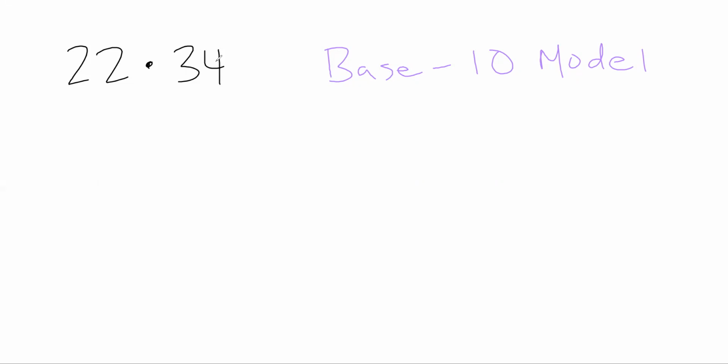So if you remember, if we're working with base 10, I'm going to make that little graphic organizer. And then here I have 22. So I'm going to go 10, 20, 1, 2. That's what this represents in base 10. Sorry, I was trying to highlight those and they just got worse. 10, 20.